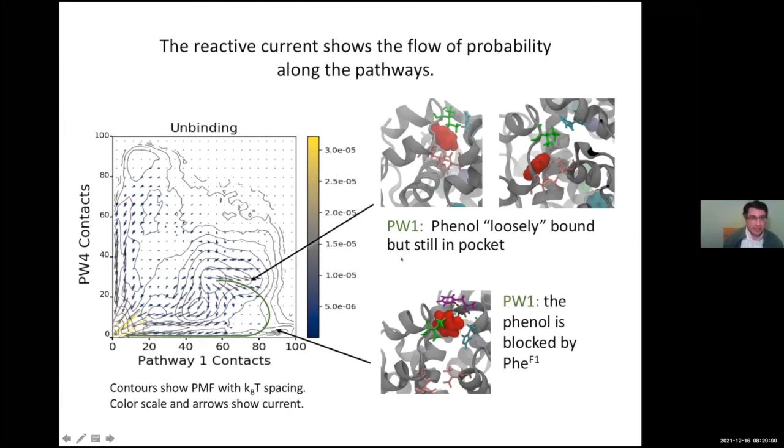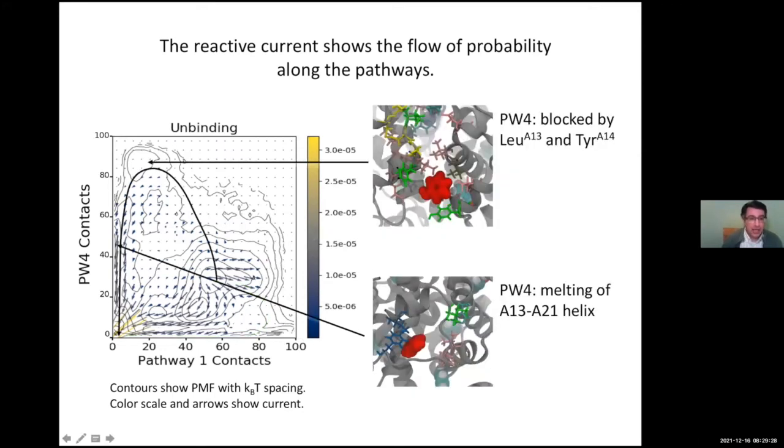We can look at the structures at key landmarks along there and see what's blocking the way for the phenol, and then eventually we loop back in to 0, 0. And I should say, with channel closed, you have a somewhat larger loop than with the channel open.